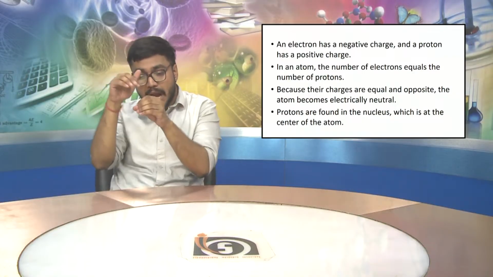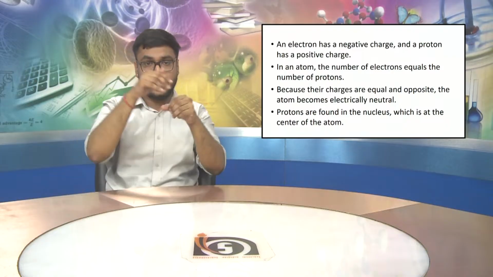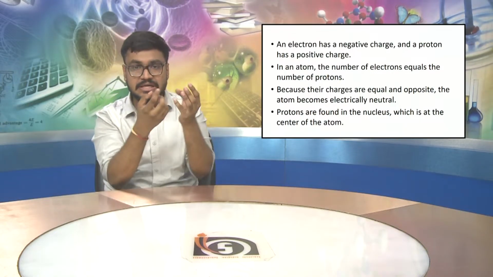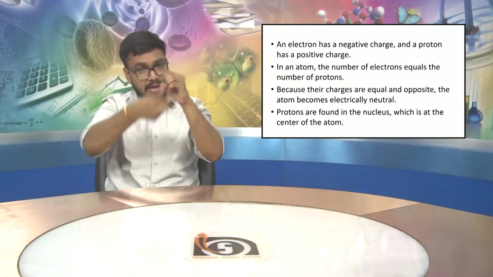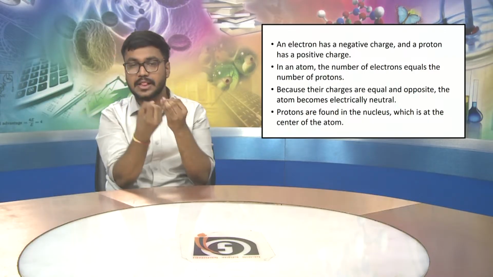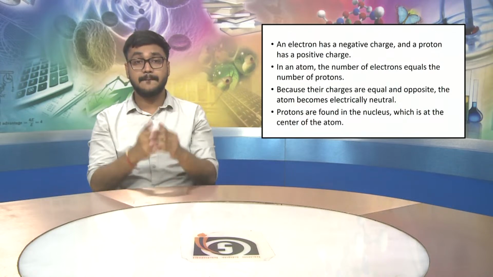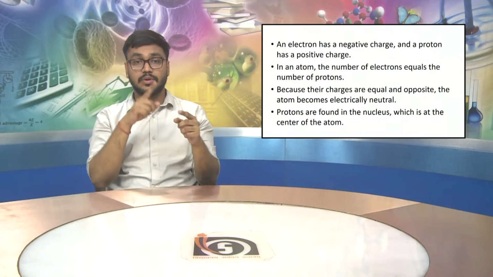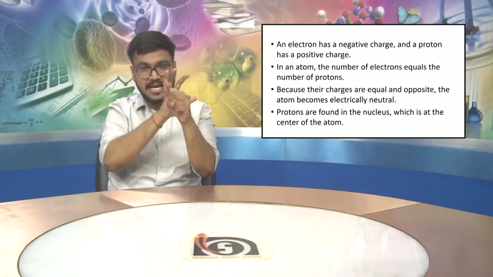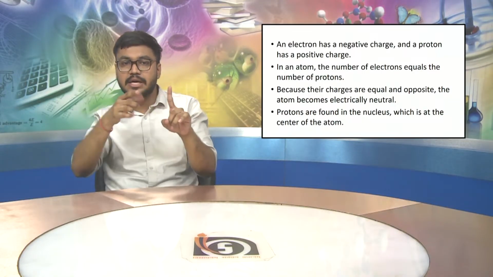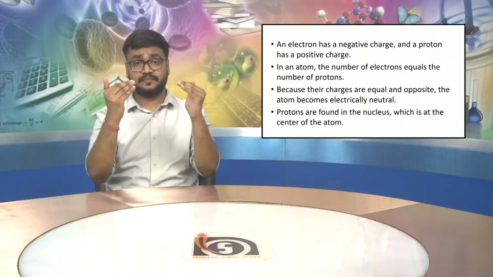An electron has a negative charge and a proton has a positive charge. In an atom, the number of electrons and protons are equal. Because their charges are equal and opposite, the atom becomes electrically neutral.